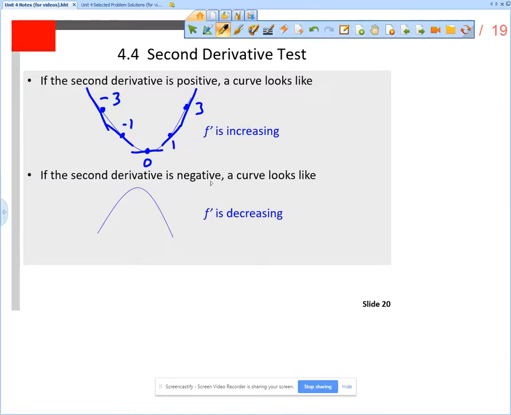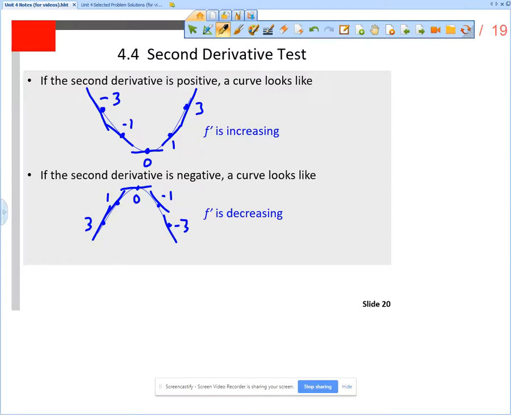Second derivative negative looks like this. So what does that mean? Once again, if I think about f prime here, let's say this is +3, +1, 0, -1, -3, f prime is decreasing now.